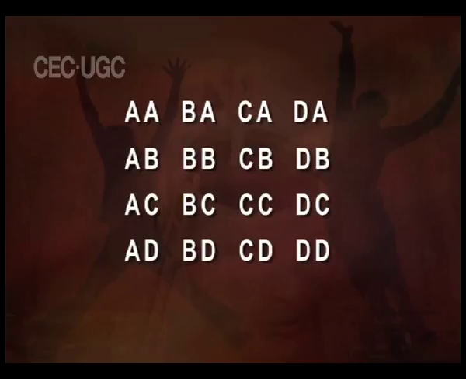However, for the combinations AA, BB, CC and DD, we will have to reselect another element so that we have 2 different elements in the sample. This is possible because we are using the technique of sampling with replacement.